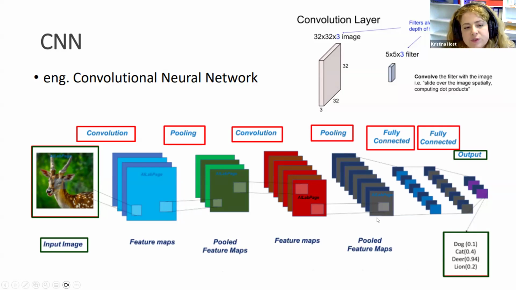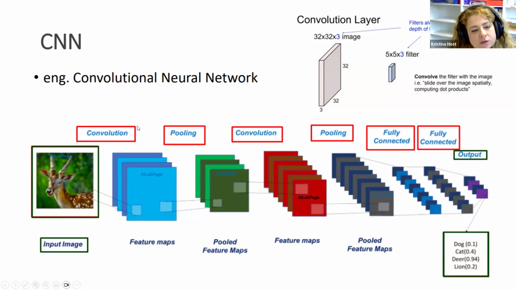So first we use convolutional and pooling layers to extract the features, and then we use fully connected layers to classify our images into the categories or classes that we have defined. So this is the idea.